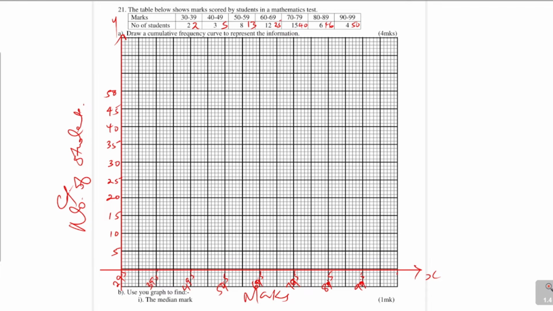Now from there, we can plot. So the first one, 39.5 for this class, 2. The other one is 49.5, 5.